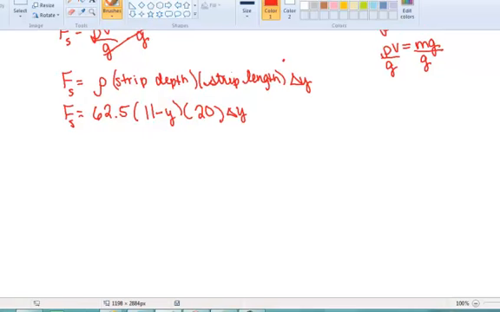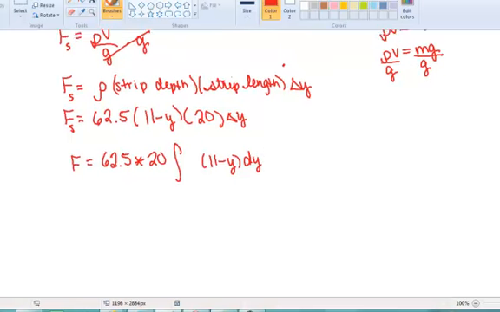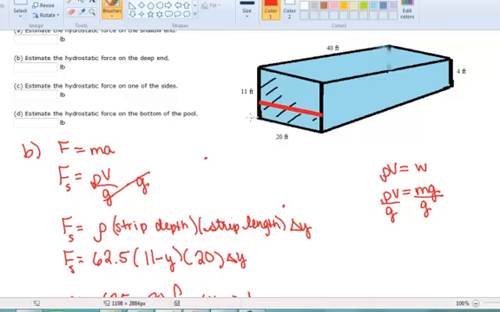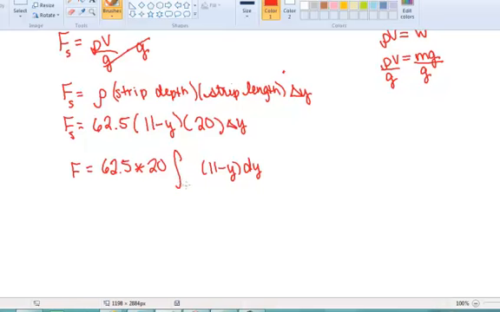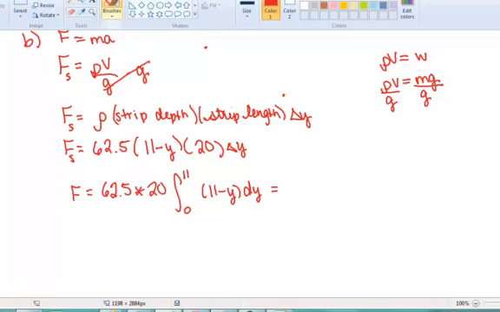Okay. And so then the total hydrostatic force, I'll bring the 62.5 and the 20 out in front. And so all we have left is 11 minus y dy. And those strips, I'm going to call the bottom 0, are just going from 0 to 11. And so 62.5 times 20 is 1250.